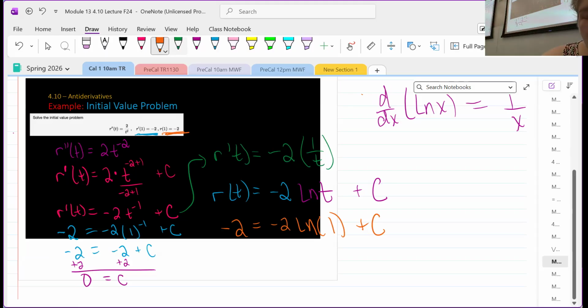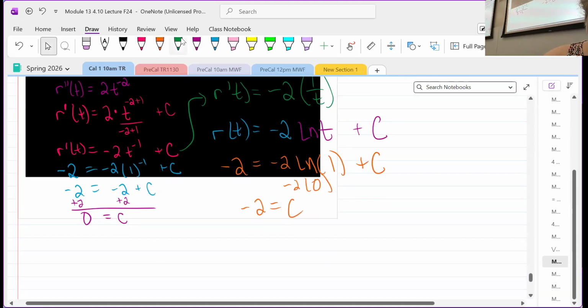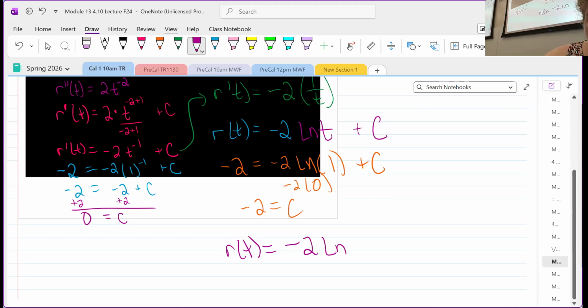So the natural log of 1 is 0. So I have -2 equals c. So this means my actual function, r of t, is -2 natural log of t minus 2.